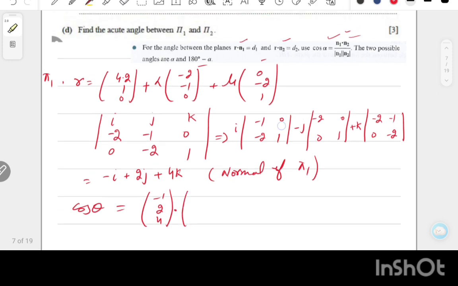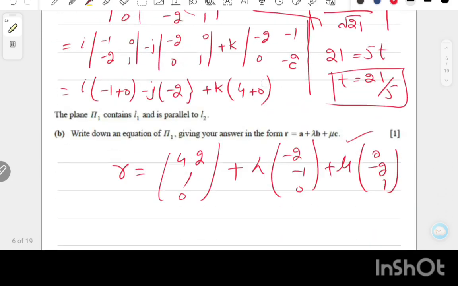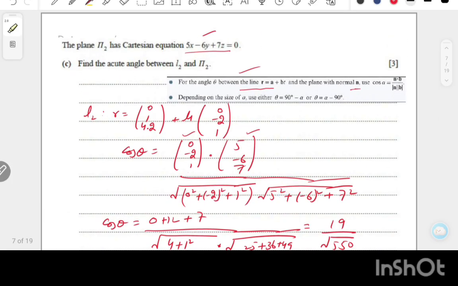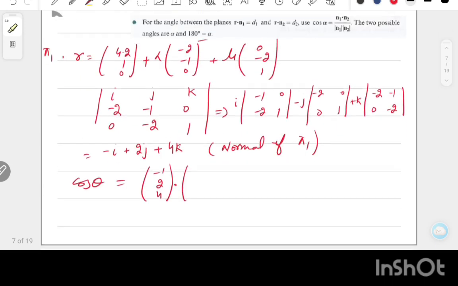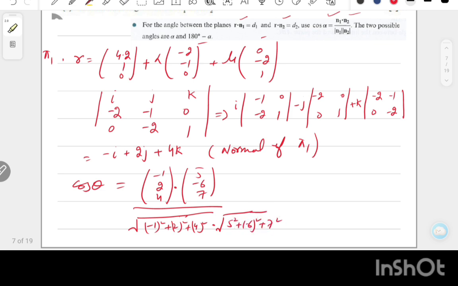What is n2? The normal of plane 2, given from the second part: 5, minus 6, 7, divided by the magnitude of normal 1, minus 1 squared plus 2 squared plus 4 squared, and similarly 5 squared plus minus 6 squared plus 7 squared.